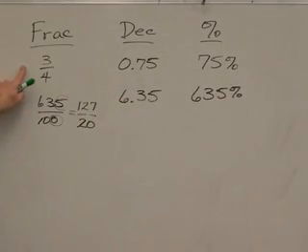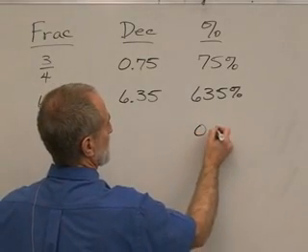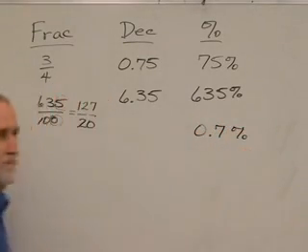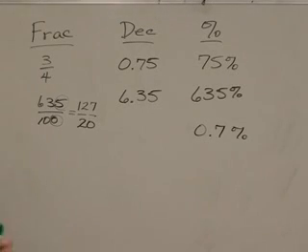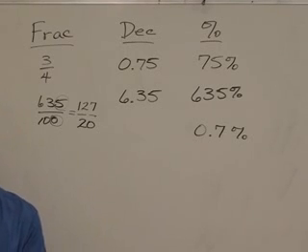Let's see, we started with a fraction, then we started with a decimal. Now let's do a percent. 0.7%. Now again, let's figure out what range we're in. Is 0.7 more or less than 1? It's less. 0.7 is less than 1.